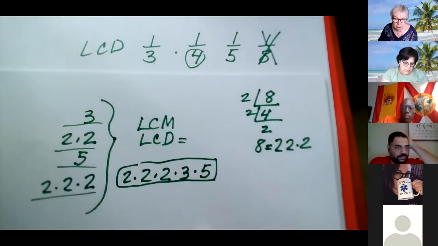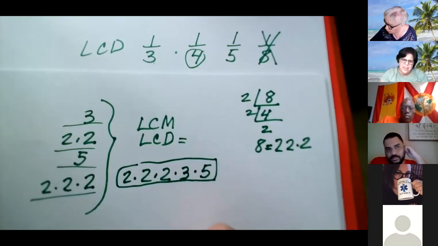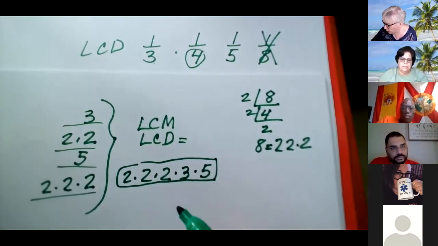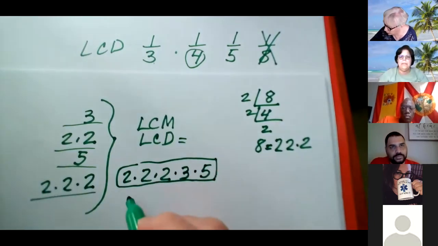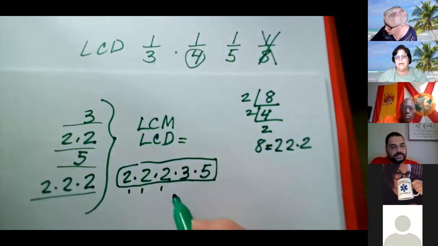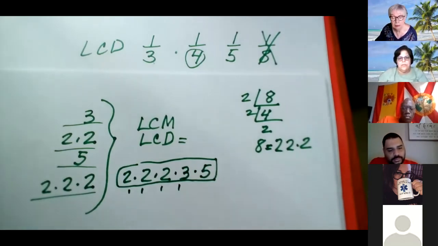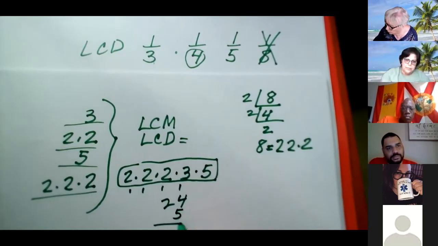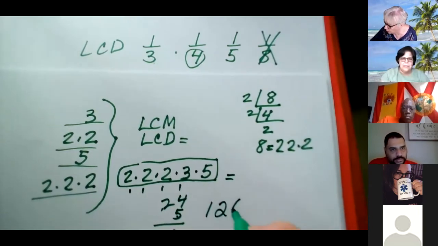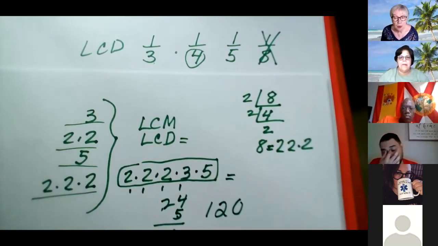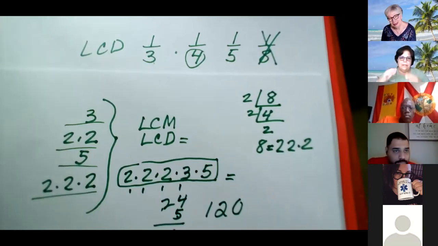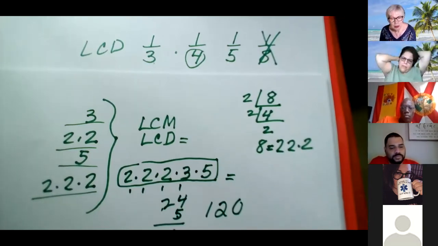Now, I could play games, or I could do it left to right. 2 times 2 is 4, times 2 is 8. 8 times 3 is 24. 24 times 5, this is 20, carry a 2. This is 120, and that is the lowest. That's why I did it in 2 steps, because I knew the answer was going to be quite big.